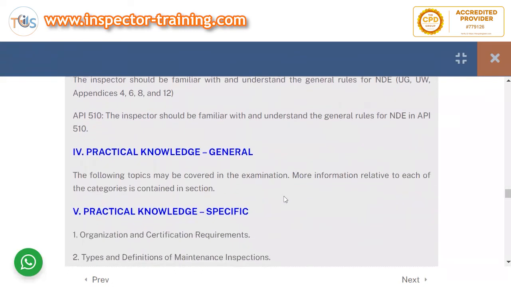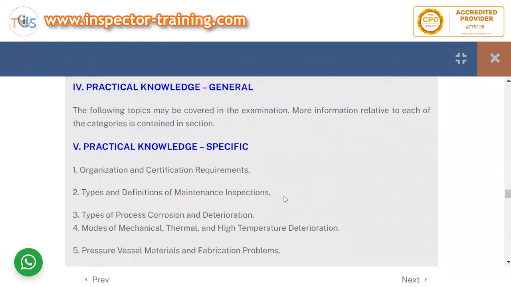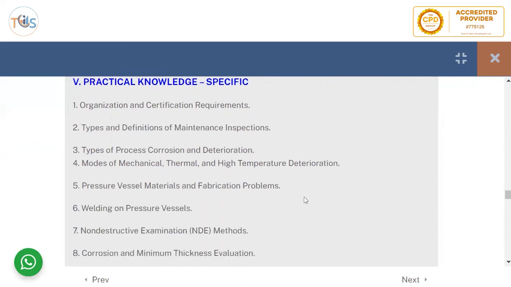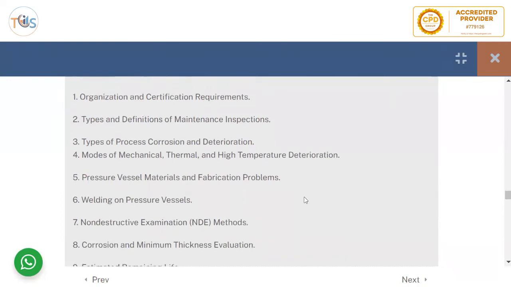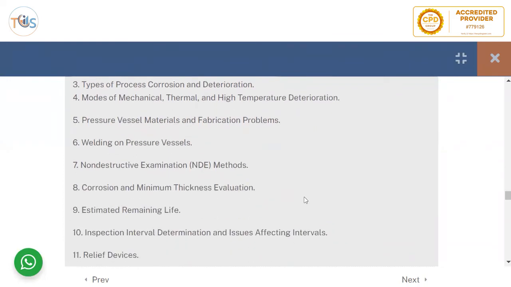You should also know some practical knowledge, general practical knowledge and specific practical knowledge. For general, as an API inspector, we bring lots of examples so you get the hang of it. And specific, from which at least 20 questions are coming, covers the organization, certification requirements, types of inspection, corrosion and deterioration, welding of pressure vessel material, NDE.